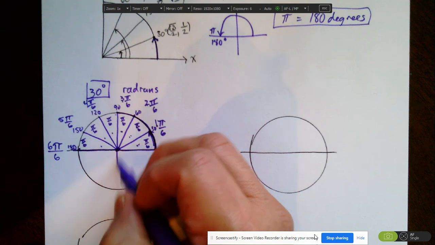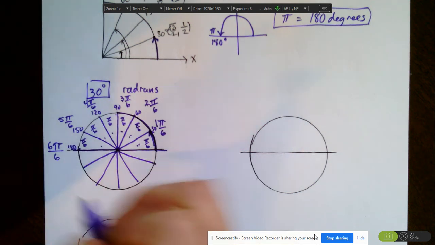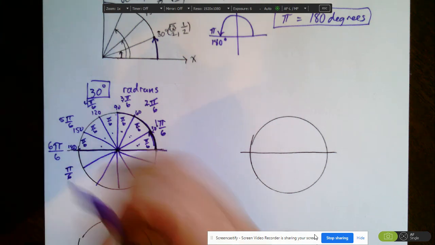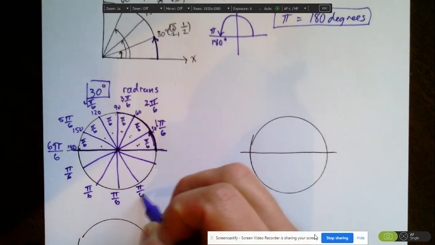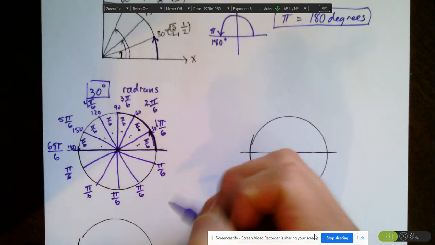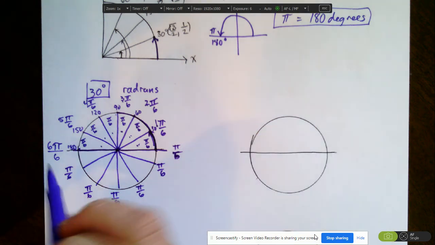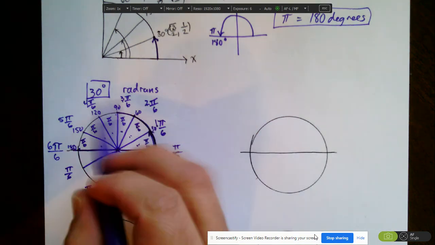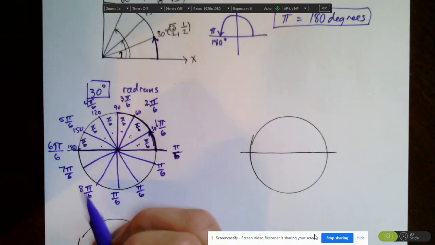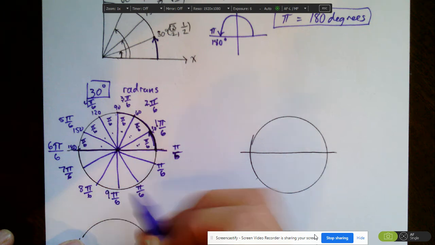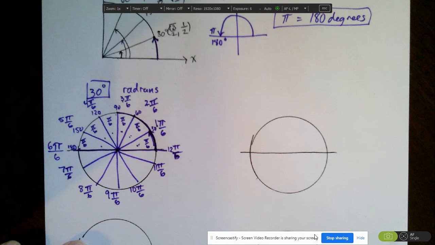And if we want to go all the way around, we're just going to count how many pi over 6s we'll have. So we're at 1, 2, 3, 4, 5, 6, 7 pi over 6, 8 pi over 6, 9 pi over 6, 10 pi over 6, 11 pi over 6, and 12 pi over 6.